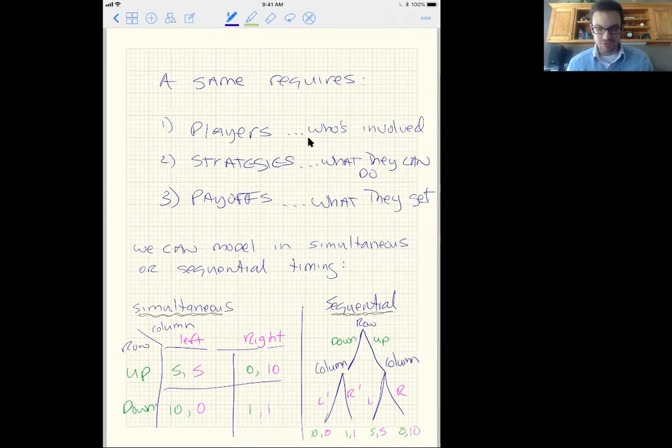I put these little apostrophes after L and R, L prime and R prime. This is to distinguish between two states of the world, right? So L prime is column player's choice of left after observing row player has chosen down. And regular L without the prime is column player's choice of left after row player has chosen up. And then I've got the payoffs arranged below, and you'll see these payoffs coincide with what was in the matrix. Anyhow, that would be the sequential version of the game.